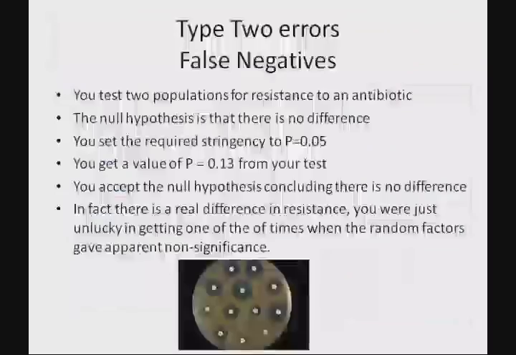The other type of error is a type 2 error, or a false negative. Let's say you test 2 populations for resistance to the antibiotic, and again the null hypothesis is that there's no difference.